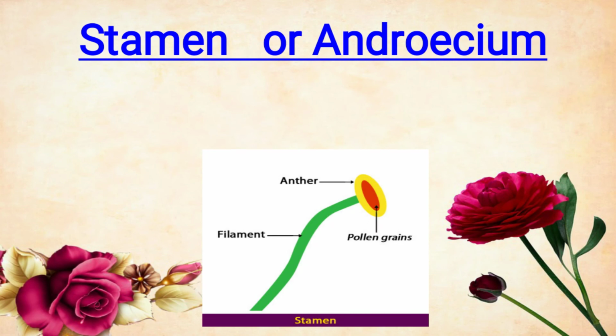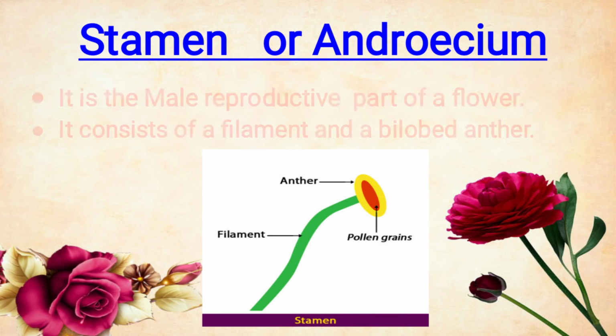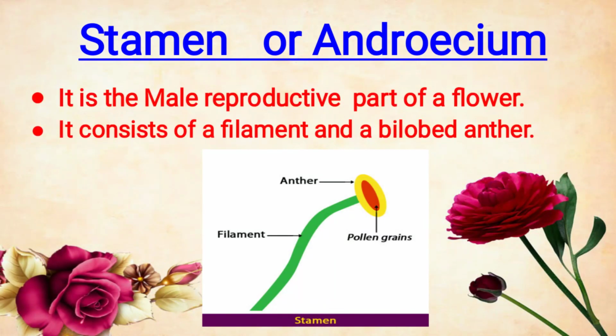Next one is stamen or androecium. The stamen consists of two main parts, anther and filament. Stamen is the male reproductive part of the flower.